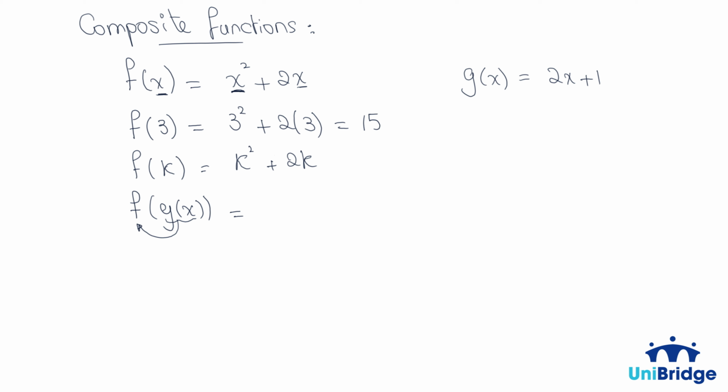So if you remove this x, you're going to plug in 2x plus 1, which is the equivalent of g of x, squared, and then plus, you remove this x and plug in the g of x as a whole as well. So this becomes 2 multiplied by 2x plus 1. You can go ahead and simplify this, or you can leave it depending on whether the choices you have look like that or not.